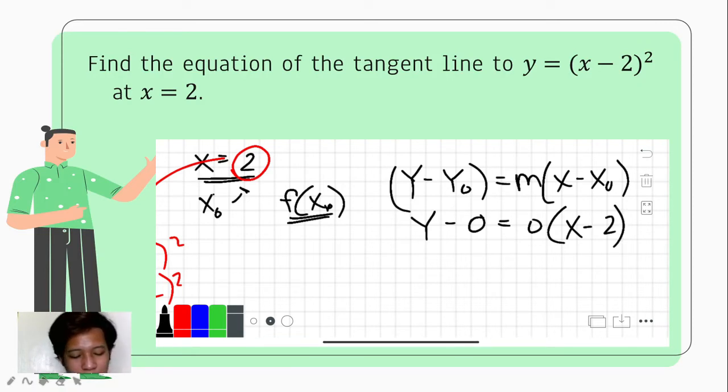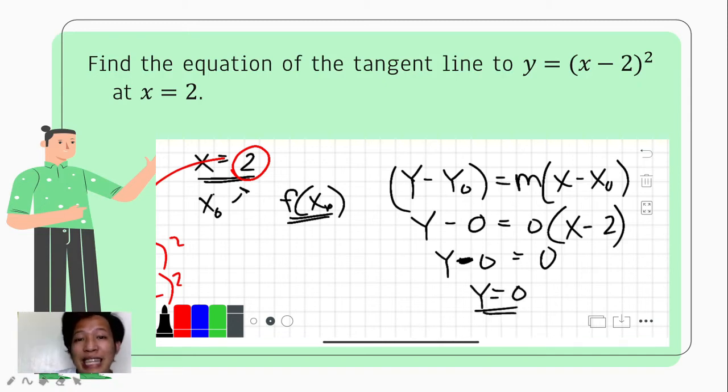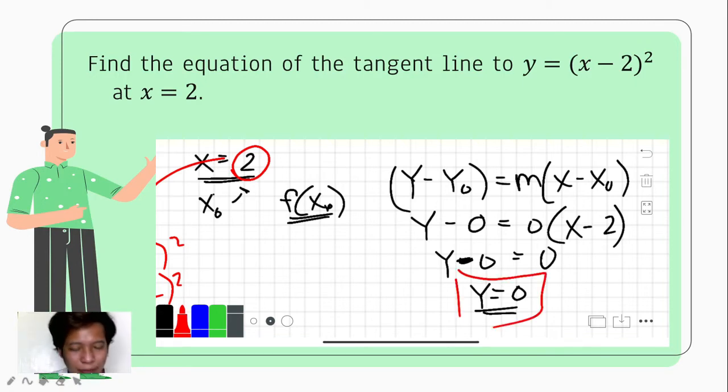Simplifying this, we have y equals 0 times x minus 2, that is 0. Hence, our equation of the tangent line would be y equals 0, or simply the x-axis. So, this is now our equation of the tangent line.